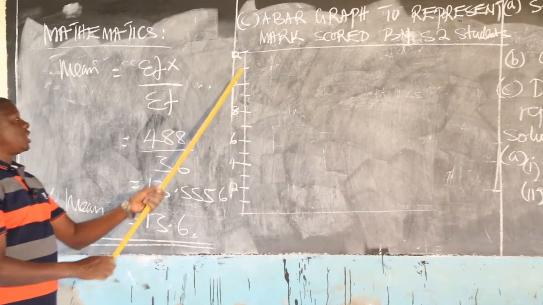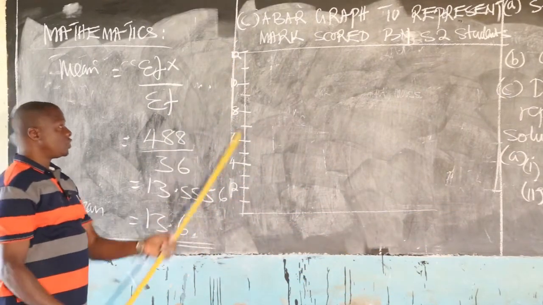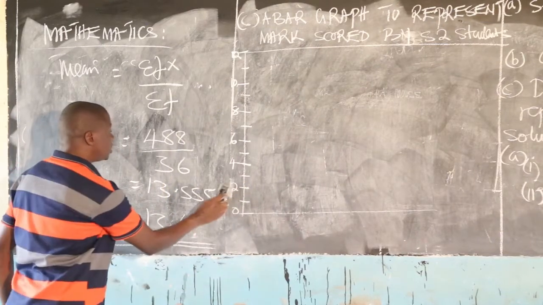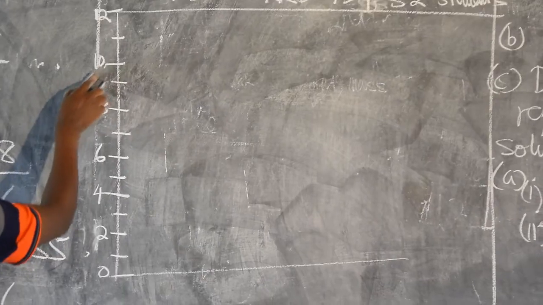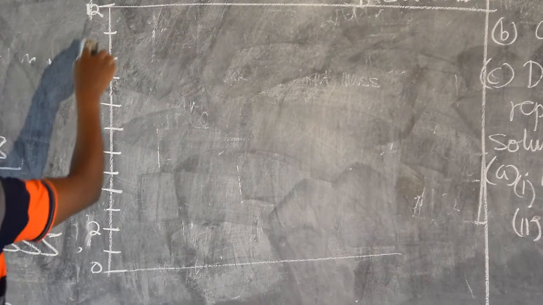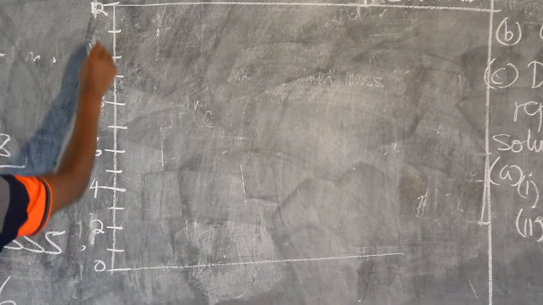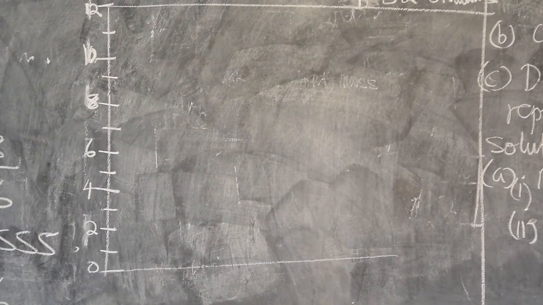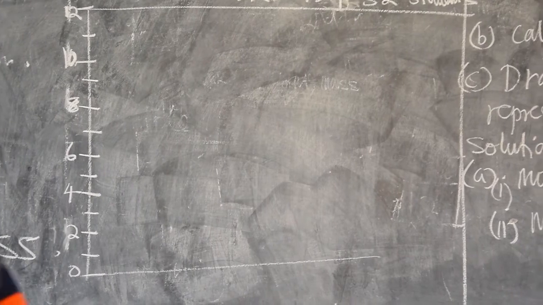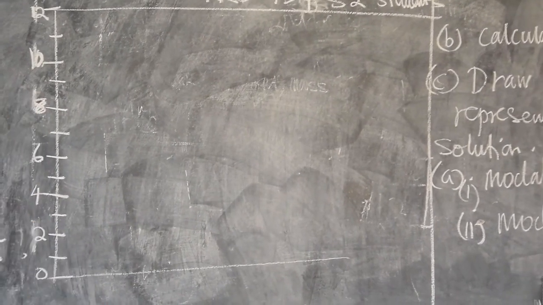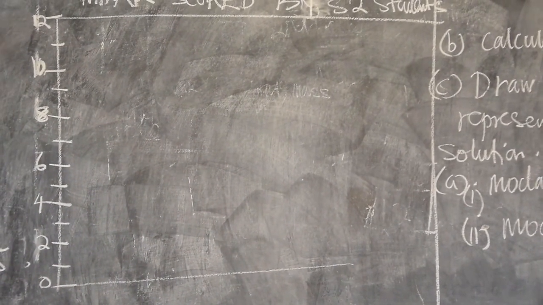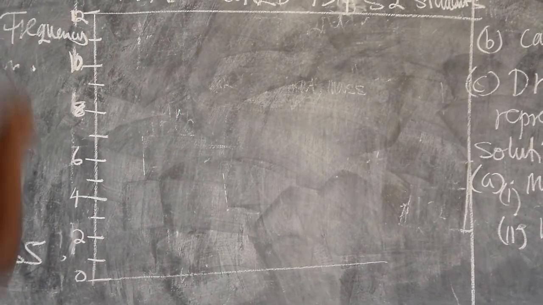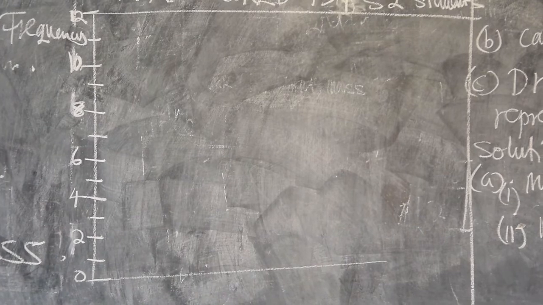Now, after marking, you have the right of drawing this line. So here, allow me to first fill in this. This is 10, this is 8, 6. We are using 1 centimeter to represent 1 student. These are frequencies or number of students.